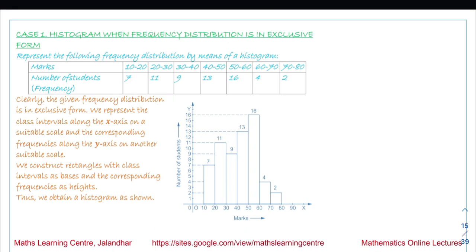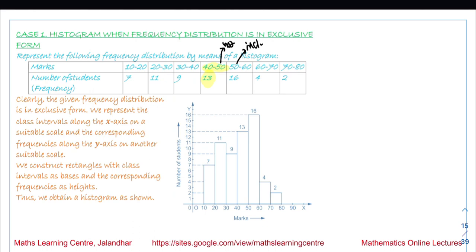If I ask how many students have marks between 40 to 50, the answer is that between 40 to 50 there are 13 students. This is exclusive form. Exclusive form means that 50 is not included here; the value of 50 is included in the next interval and not in 40 to 50.